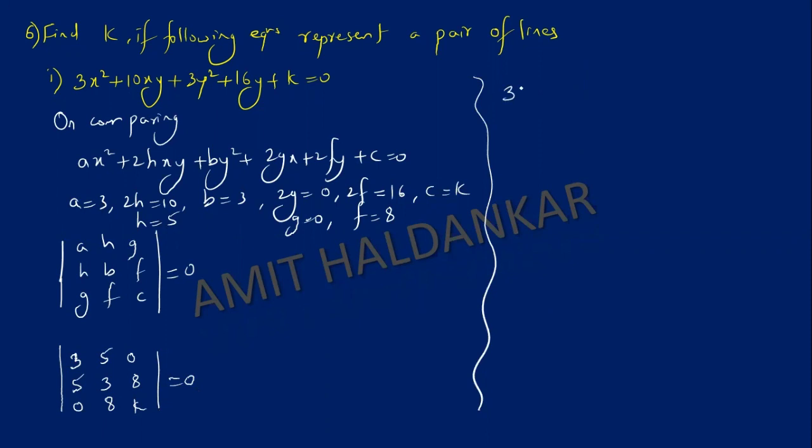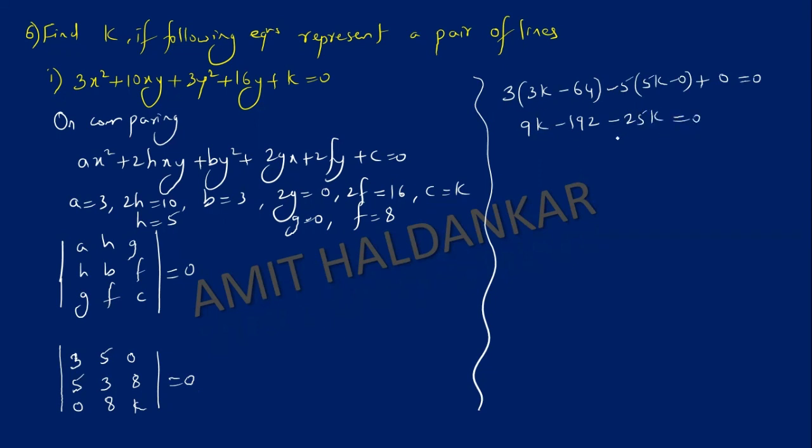3 into 3k minus 64, minus 5 into 5k minus 0 plus 0 is equal to 0. So 3 3s are 9k, 3 64s are 192. Then minus 25k is equal to 0.